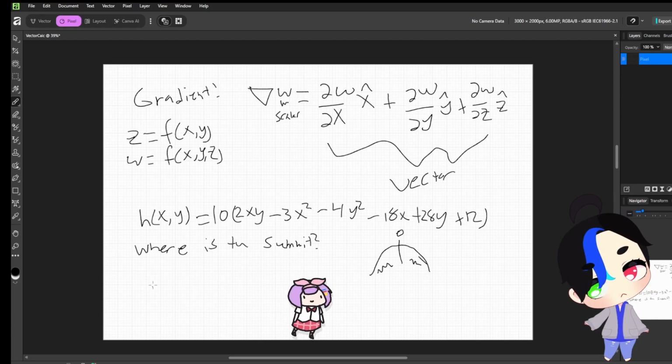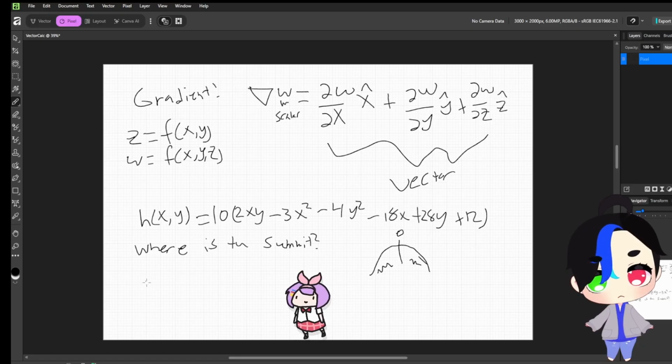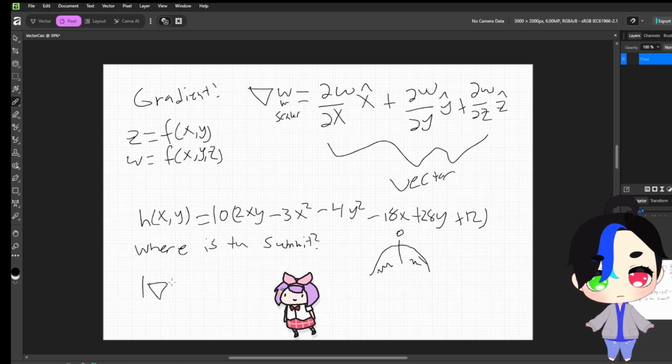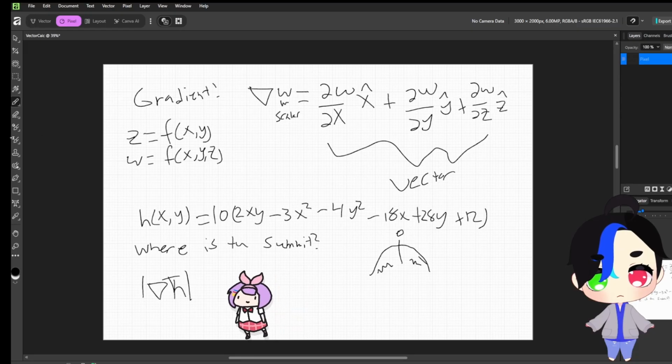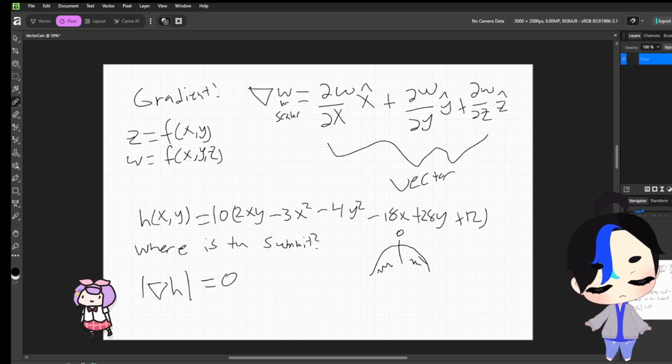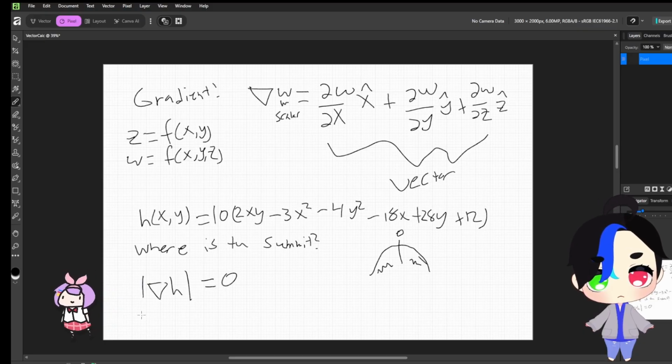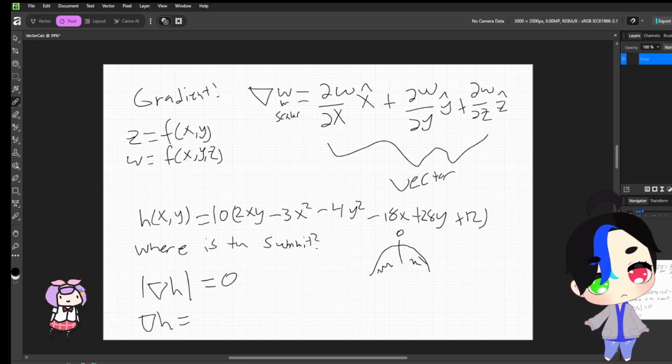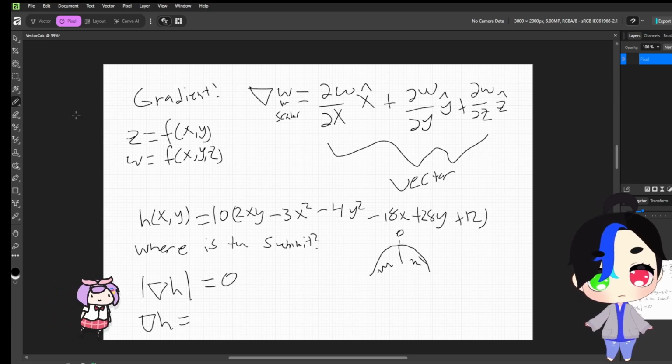Otherwise known as where the magnitude of the gradient is 0. So let's first calculate the gradient. Again, follow along if you have the prerequisite knowledge. Otherwise, you can just listen.